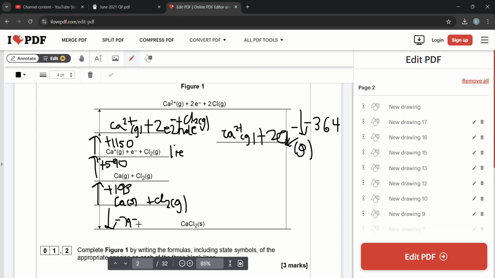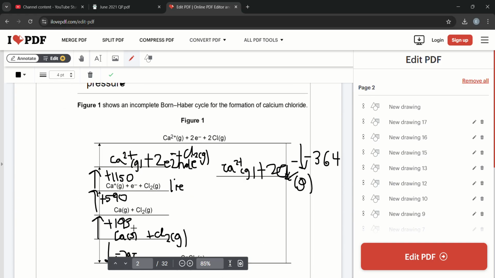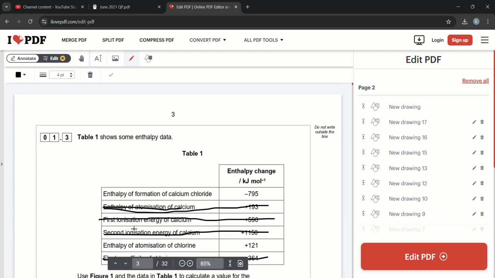And what we're trying to find is the enthalpy of lattice dissociation of calcium chloride.